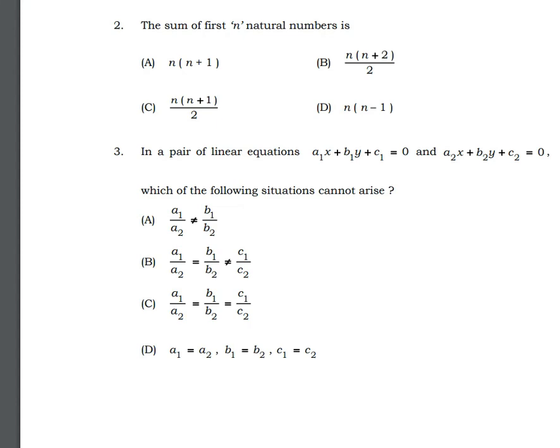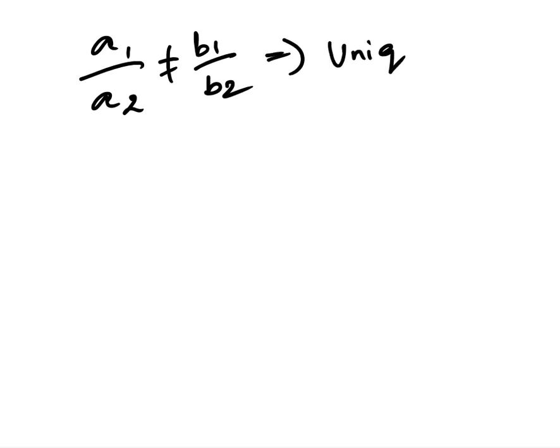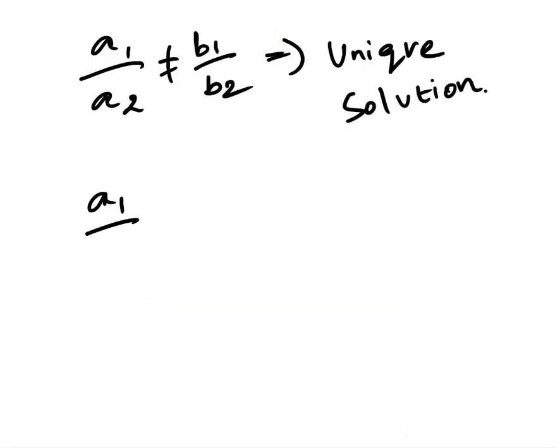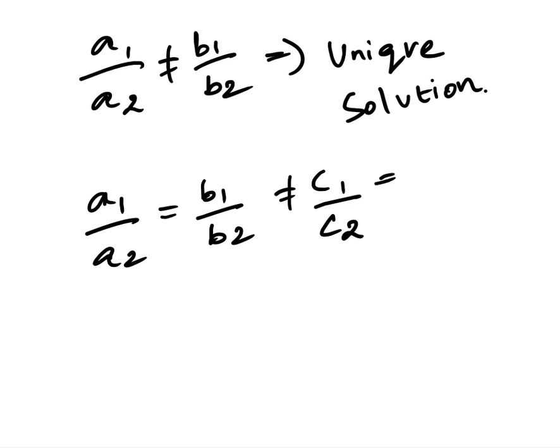So for the first option, a1 upon a2 not equal to b1 upon b2, we actually get a unique solution. And the second option, for this particular condition, we get no solution.